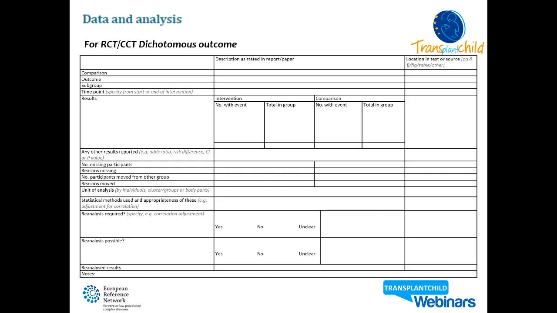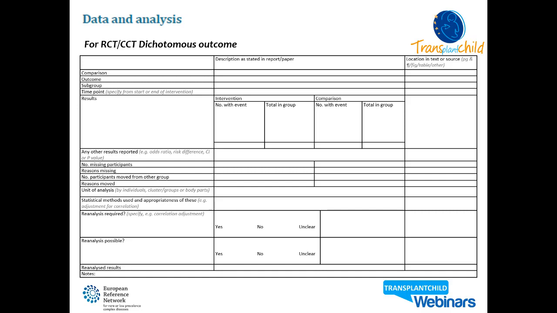It's not exactly the same, obviously, but something similar. And also we have included another one, which is for other types of outcomes, right? So if it is not clear that the outcome is dichotomous or continuous, like a rate or something like that, you can use the third table.